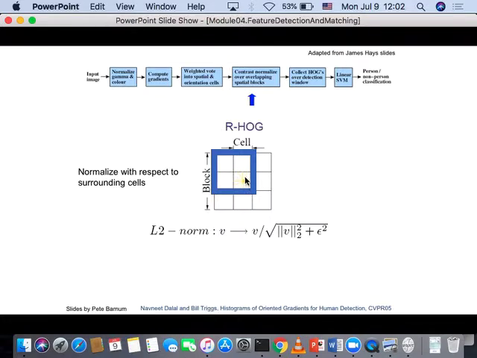If I'm computing the feature vector at this center block, I compute this center block normalization with these 4, normalize that to 1, then I compute normalization with these 4, then with these 4, and then with these 4. So every point at which I'm computing HOG, I do 4 different normalizations of that point: one with these neighbors, one with those neighbors, one with those neighbors, one with those neighbors. So I get to normalize it in a semi-local way.